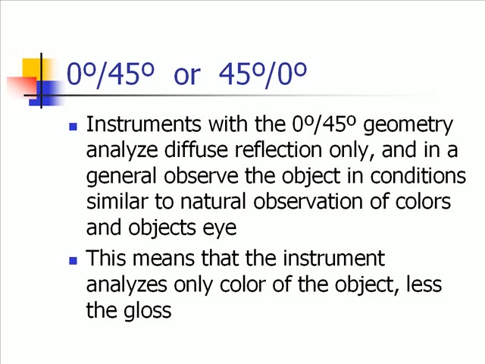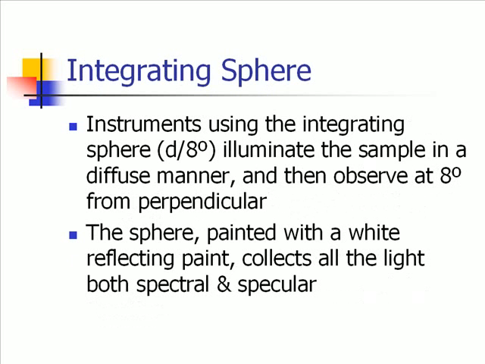The sphere-type instruments illuminate the sample in a diffuse manner and then observe it at 8 degrees from the perpendicular. That sphere is painted white and collects all the light. So it collects all of the specular reflectance and all of the diffuse light. And since the specular energy is included in the measurement, the resulting graph and numbers include the color due to the material as well as the gloss of the object.